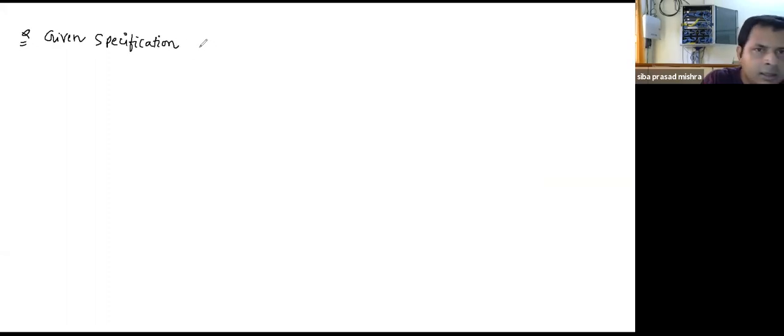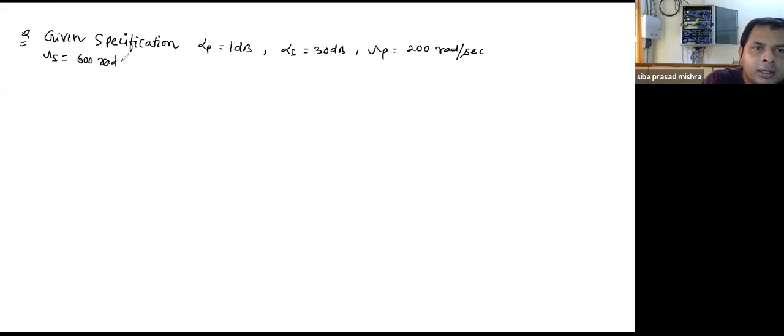Given specification: alpha p equals 1 dB, alpha s equals 30 dB, omega p equals 200 radian per second, and omega s equals 600 radian per second.